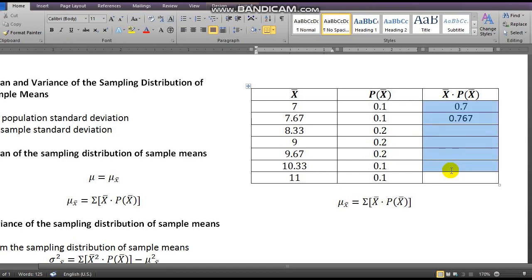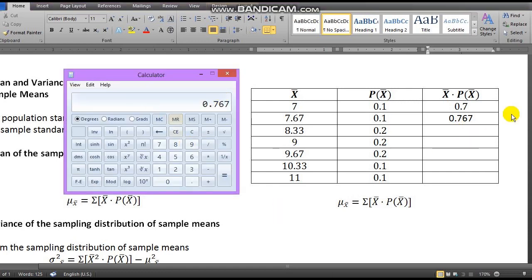But if it ends, let's not round it off. But if it's infinite, like 0.3 repeating, let's just settle with 2 decimal places. But if it ends like this one, 0.767, let's just keep it as it is.